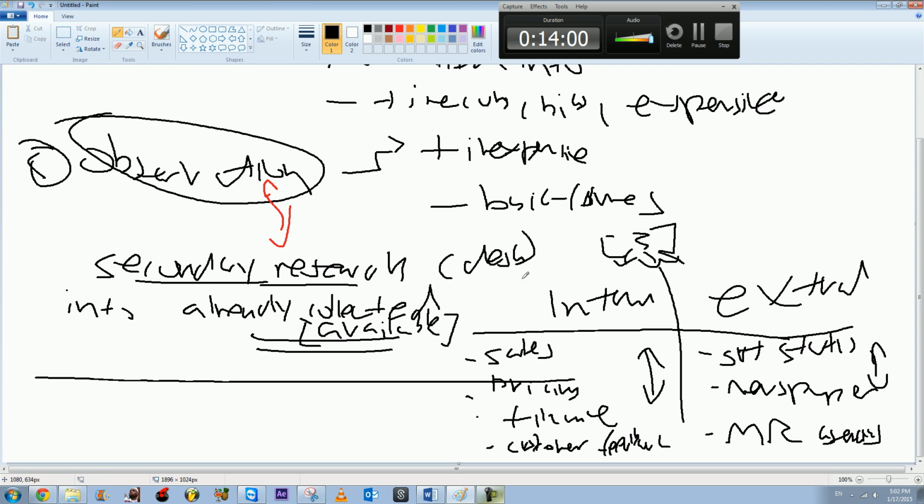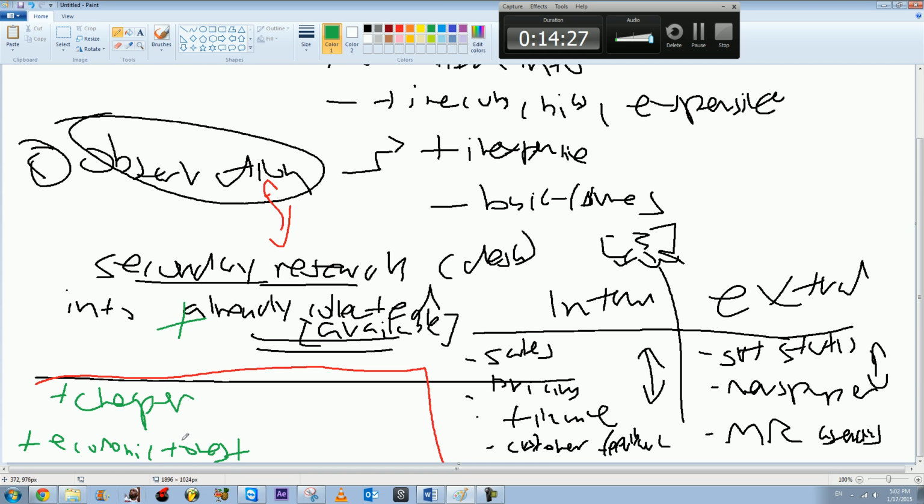So disadvantages and advantages for secondary research are pretty straightforward too. Obviously, it's cheaper, and sometimes it's already available. I think that's an advantage too, and it also gives an economic forecast of the overall demand.